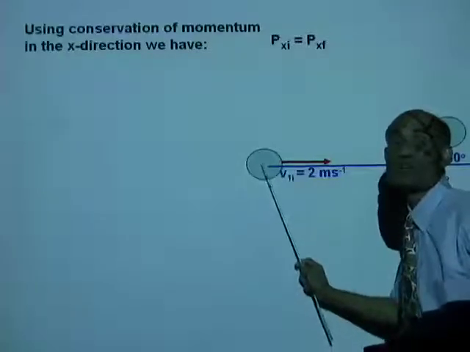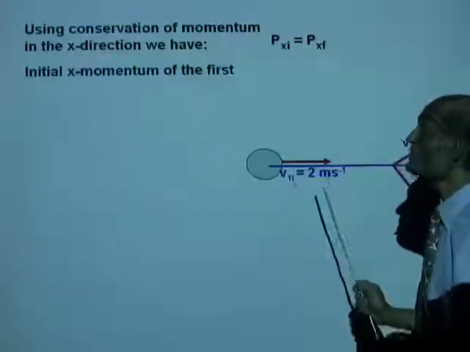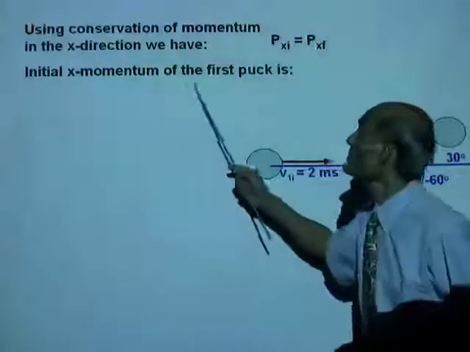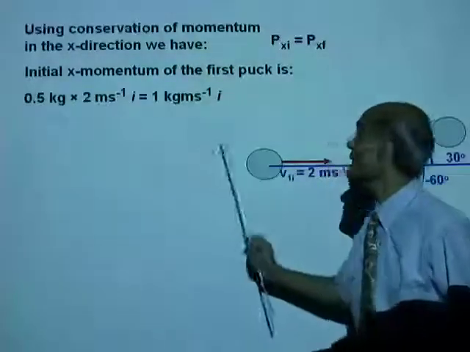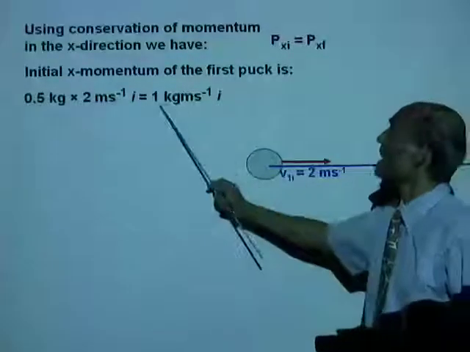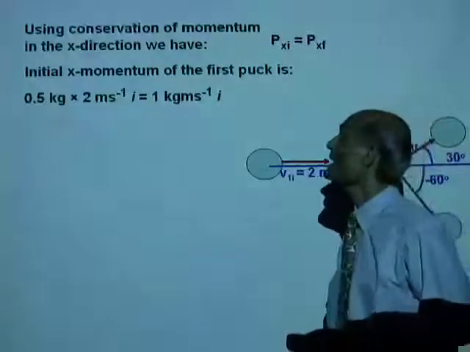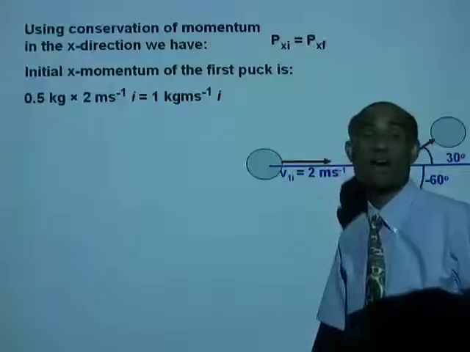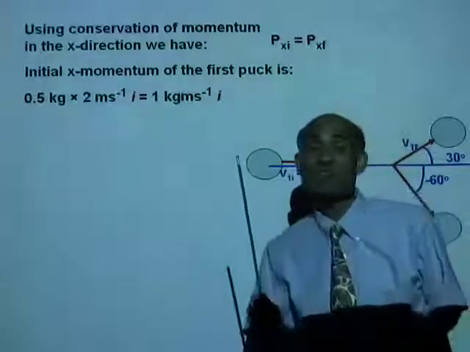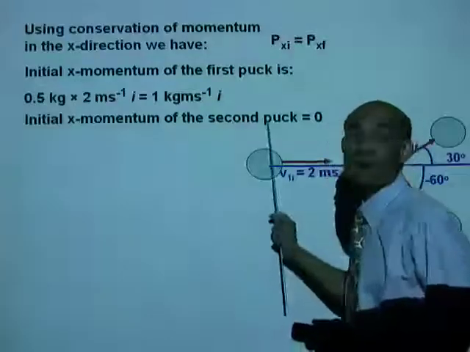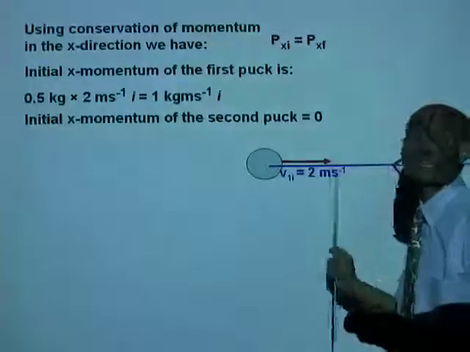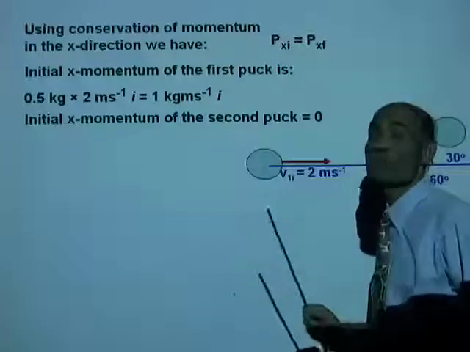It is the initial momentum of the first puck, which is 0.5 kilogram times 2 meters per second i. That is 1 kilogram meter per second i. What is the initial momentum of the second puck? The second puck is initially at rest, so the initial momentum there is 0.